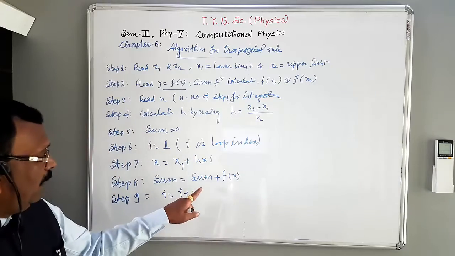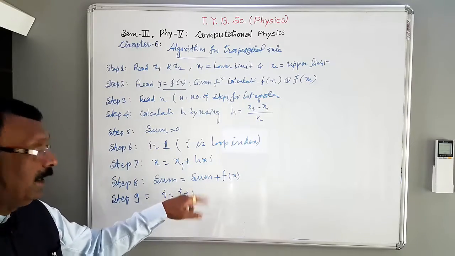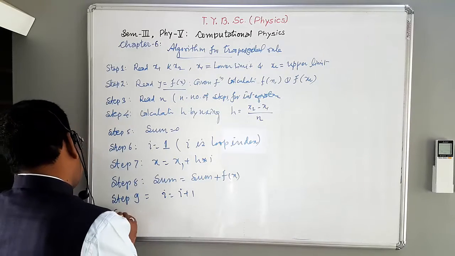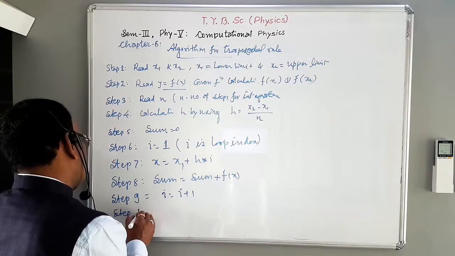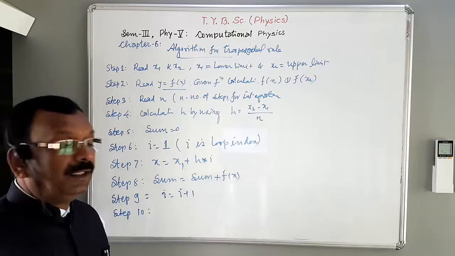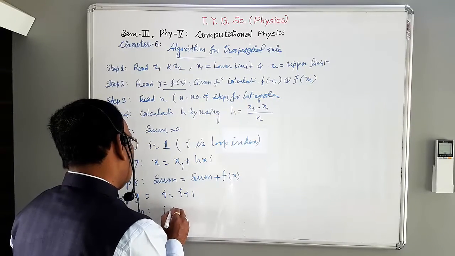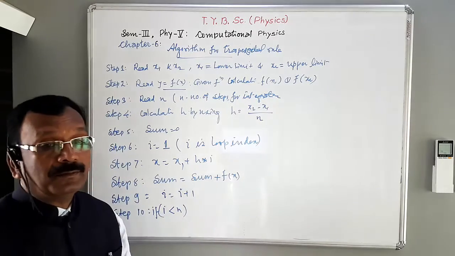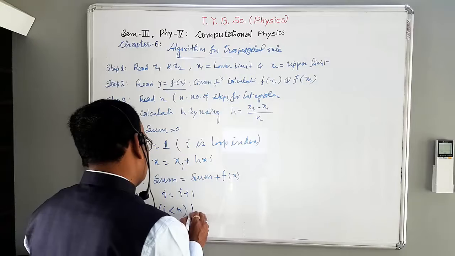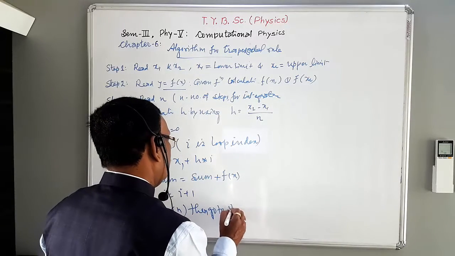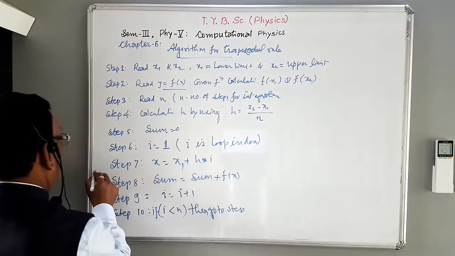That means again we are going to increase the step by 1. Then we have to check the condition in step 10, and that step is nothing but if I is less than n, then go to step 7.